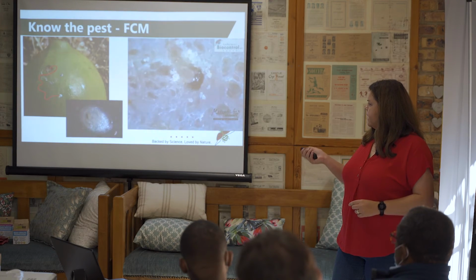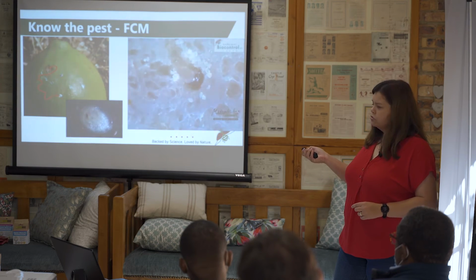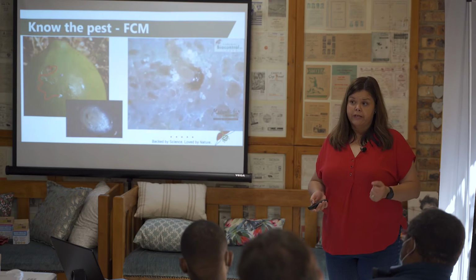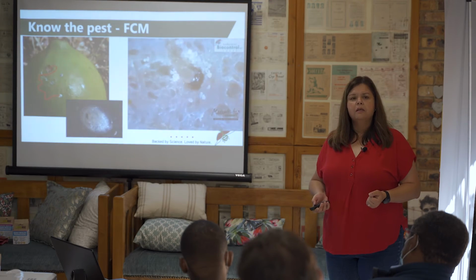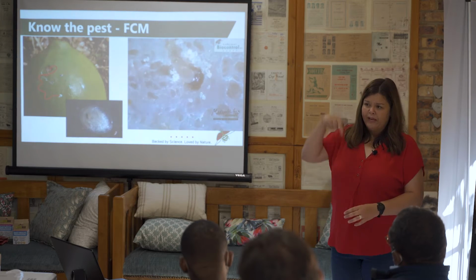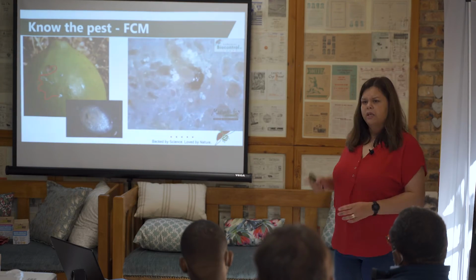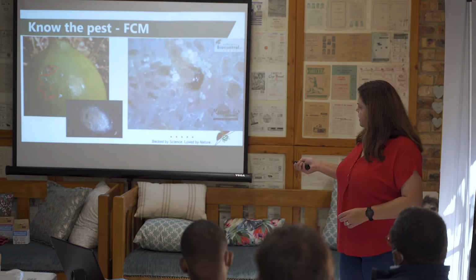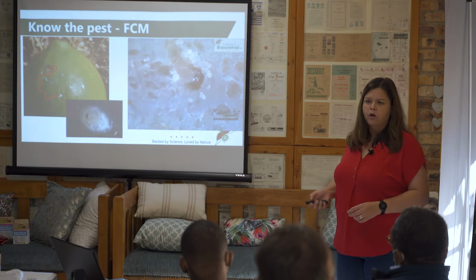FCM also, once it's hatched, it walks across the surface of your fruit before it starts to burrow into the surface of your nut. So at least it doesn't bore like your tomato or tuta absoluta directly into the leaf surface. It does move across. Here's the egg that was laid, and that's the little hole that it made.